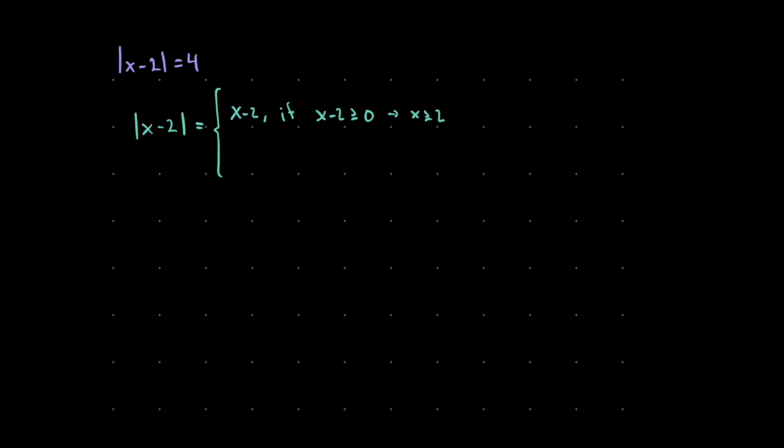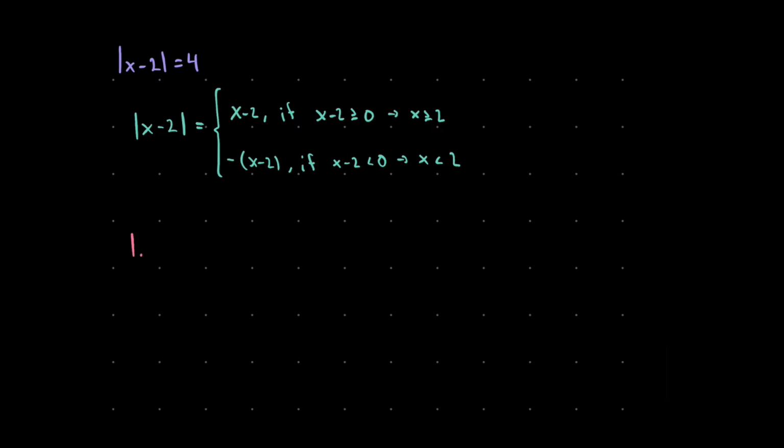Or it's equal to minus (x minus 2) if x minus 2 is less than 0, which is the same as saying x is less than 2 by rearranging again. So we have two cases with two separate restrictions, and now we'll work with those two cases.